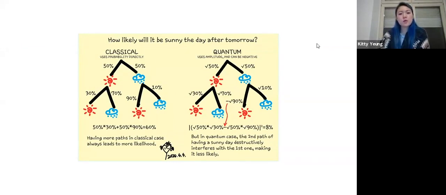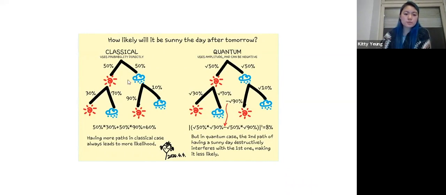So say I want to know if it's raining or sunny the day after tomorrow. If we were in a classical system, you just draw out the tree diagram and you multiply down all the probabilities. So for sunny, you have two paths to get sunny. There's 50% tomorrow being sunny, which can split into two outcomes, and I'm just giving random numbers here, 30% of being sunny and 70% of being rainy.